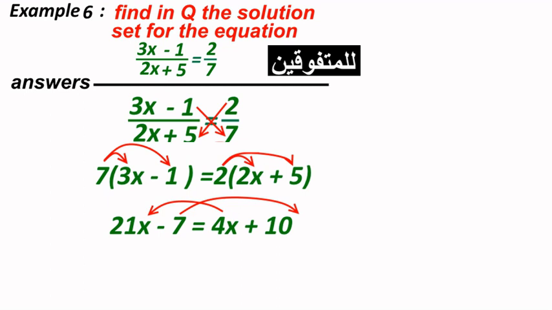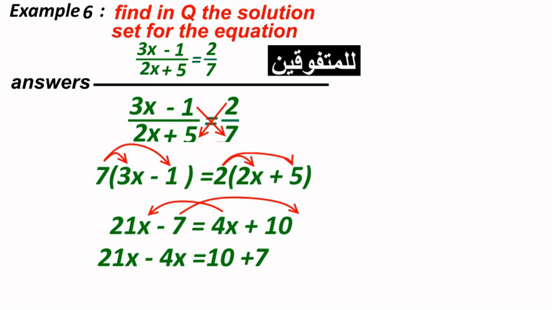Now collect the terms that contain x on one side and the numbers that don't contain x on the other side. 21x minus 4x equals 10 plus 7. 21x minus 4x, the answer will be 17x.